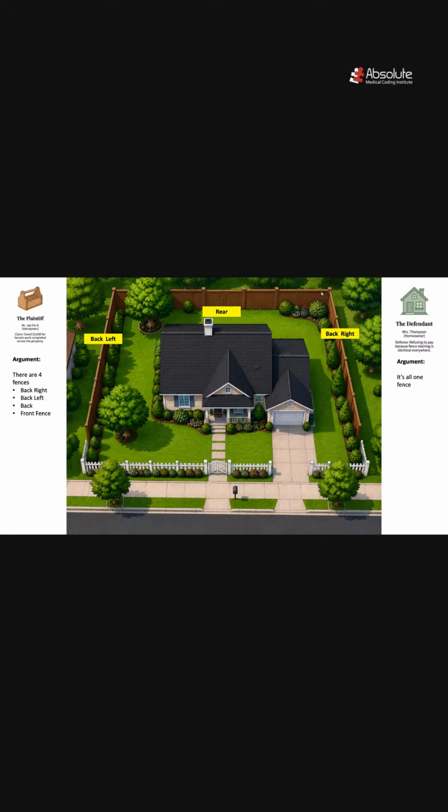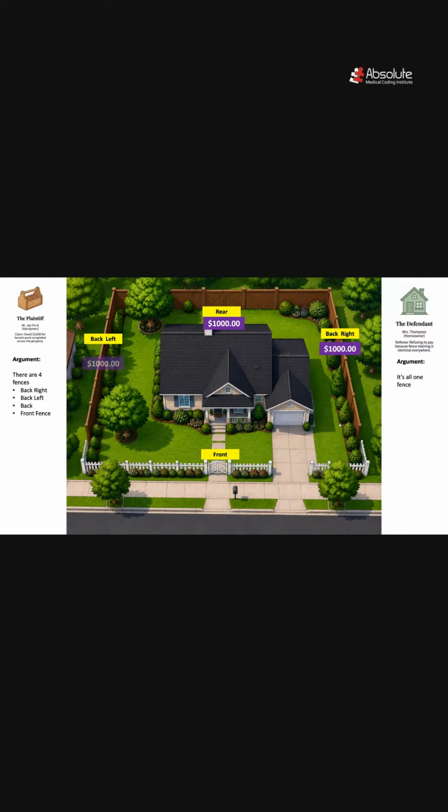And then the fence at the back is at the rear of the yard. So there are three different parts of the yard. And let's not forget about this front fence. It's in the front part of the yard. So every part of the yard has a name, and they're all different, right?